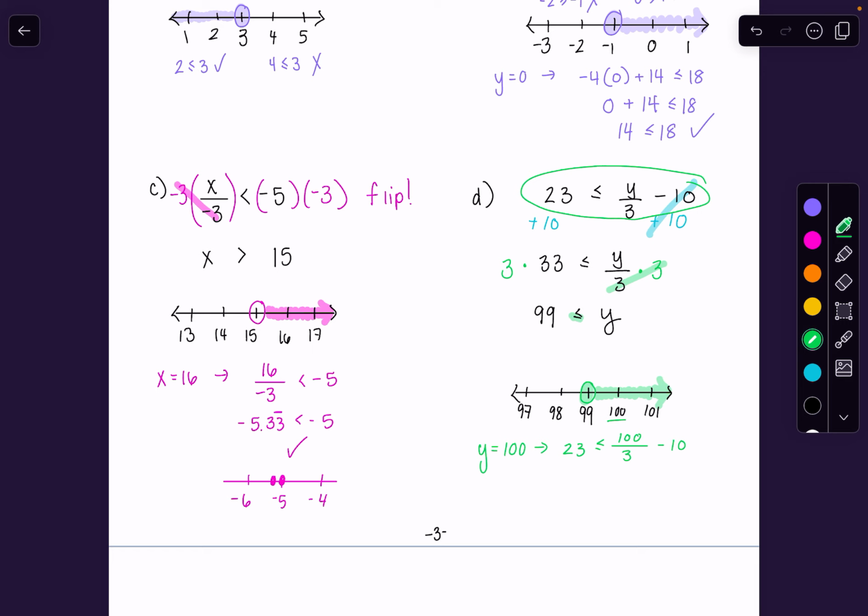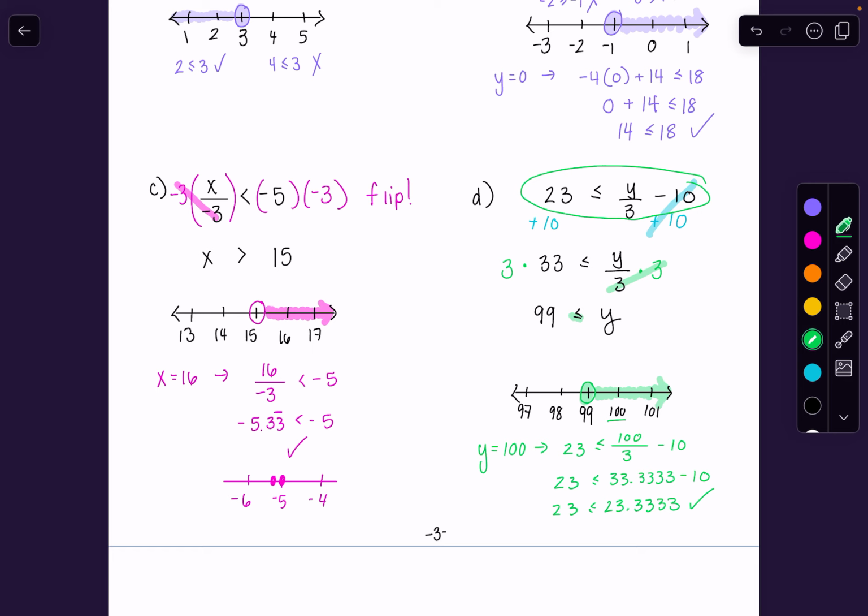Unfortunately, it's not a nice number, but that's okay. 100 divided by 3 is about 33.33333 and a ton of threes over and over. And then we're going to subtract 10. And if you do that subtraction in your calculator, you're going to see it's about 23.33333. And so 23 is definitely less than 23.333. So this right-hand side is the one we want shaded.